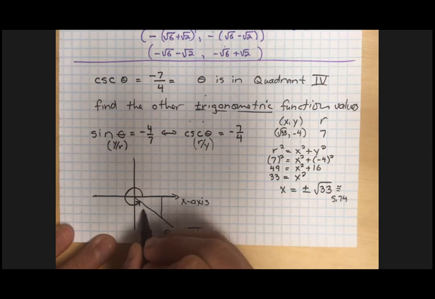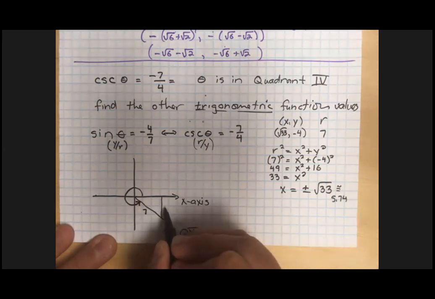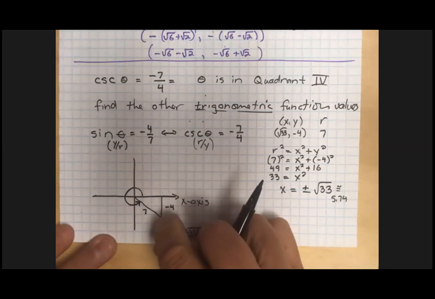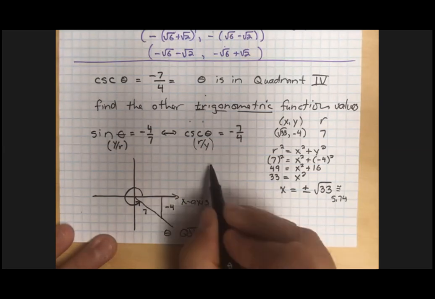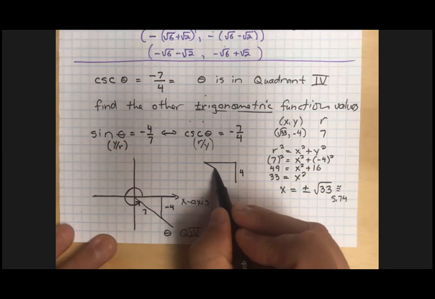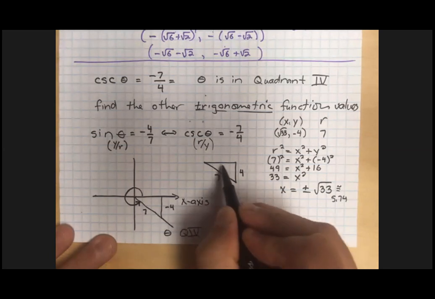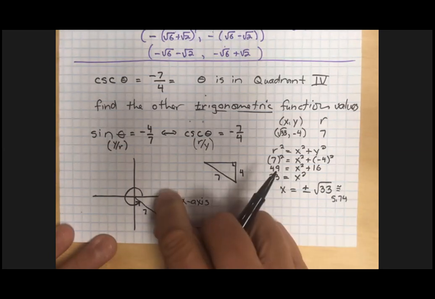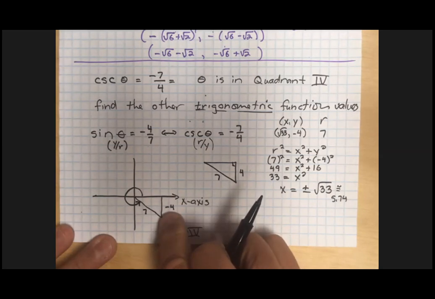Because if I put the 7 here, and I put a -4 here, now that doesn't mean this side is -4 units long. It means I'm going down 4. So think about it that way. The length of that triangle side is 4. The length of the hypotenuse is 7. But I'm going in the negative y direction, so I could write -4 there.